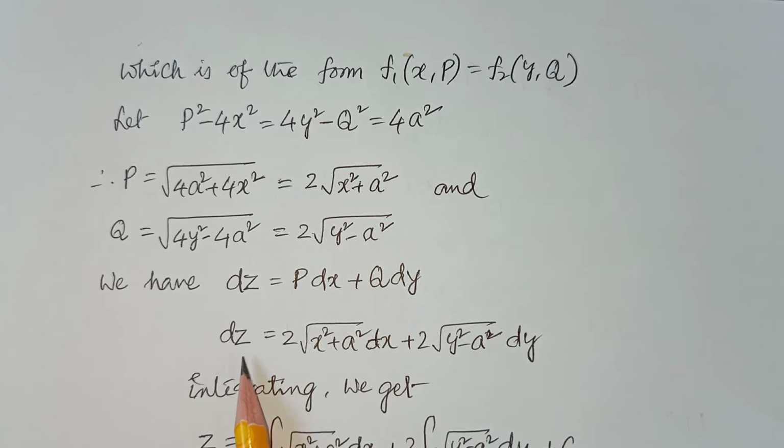Capital Z is equal to 2 times the integral of root over (x^2 + a^2) dx, plus 2 times the integral of root over (y^2 - a^2) dy, plus an integral constant c.